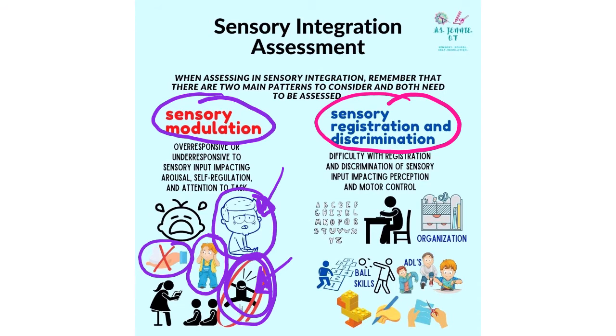So these are the kiddos where they have a difficult time with their fine motor skills. So they might have a poor grasp, they might have difficulty using scissors and just using school materials and building with Legos or just manipulating objects, fine motor objects, any objects in their environment.